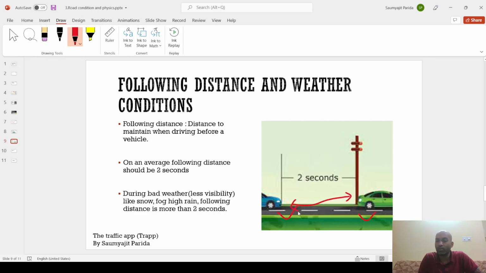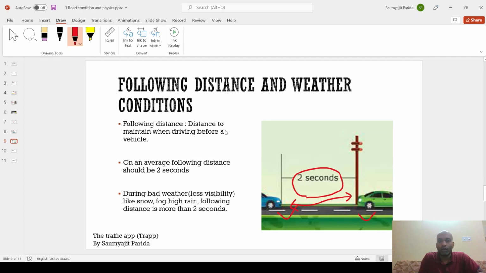There is always some gap between two vehicles, and it is mandatory that there should be a 2 second gap between two vehicles to avoid any accidents, because 1 second is for reaction and another 1 second is to immediately brake and stop. And that is my way of understanding this. But that could be a different reason.